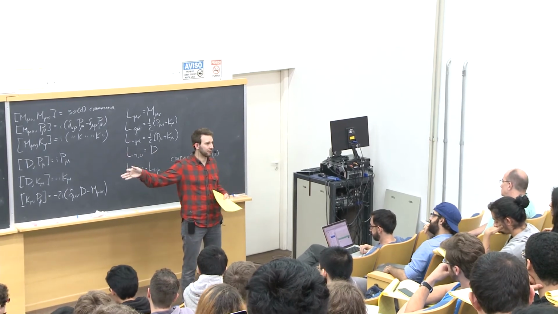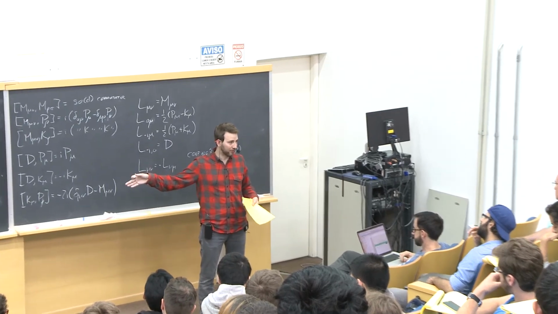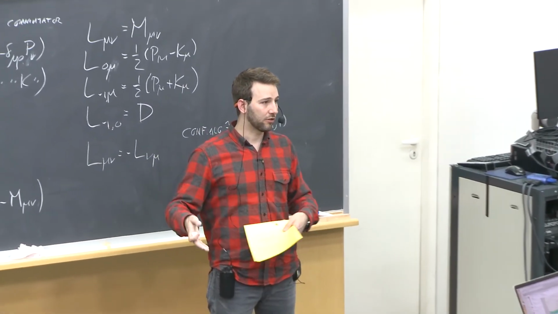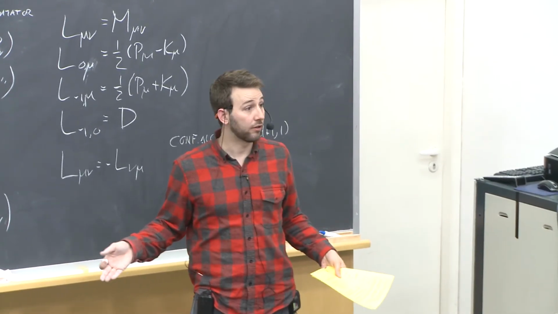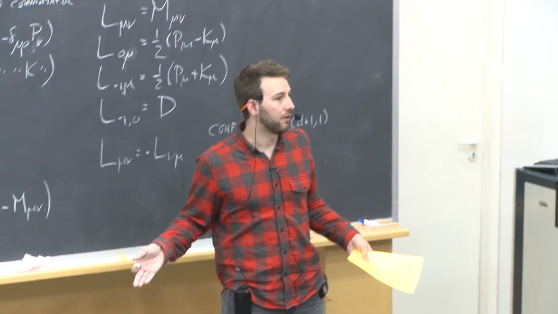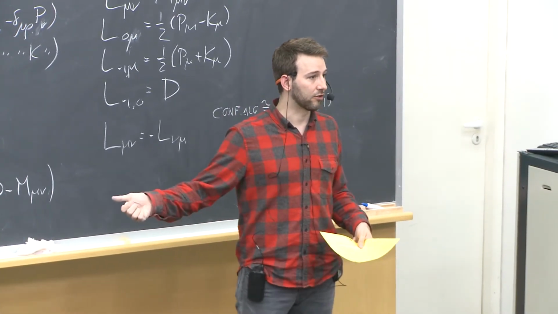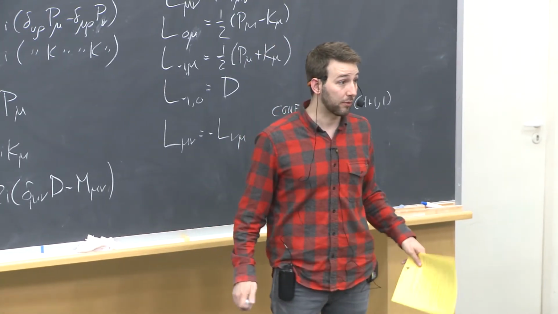You can conjugate by elements of the conformal group, and this is an exercise you can do if you're interested, and turn an inversion just into a spatial reflection. So if you have a theory that doesn't reflect parity, then it can be a conformal field theory, but it won't have inversion symmetry. Whereas if you have parity symmetric conformal field theories, they will.